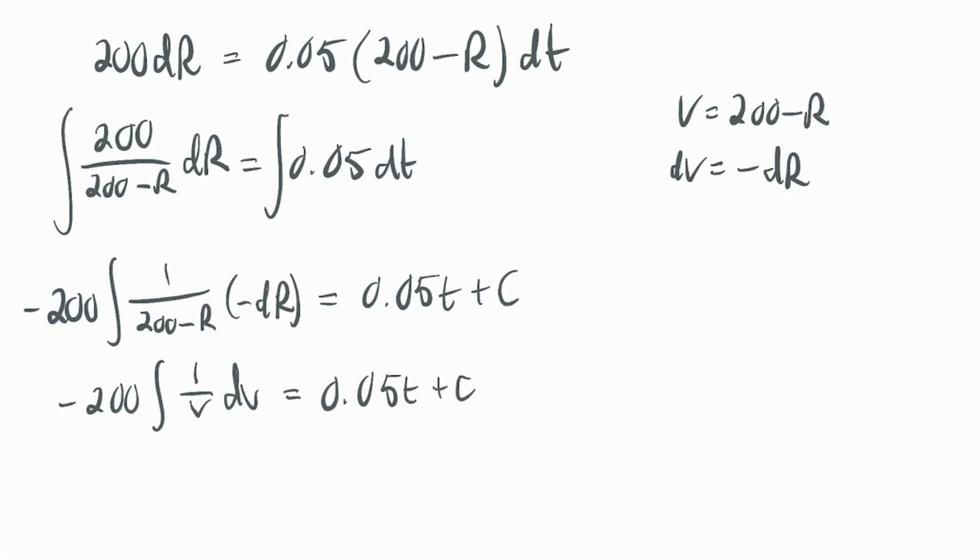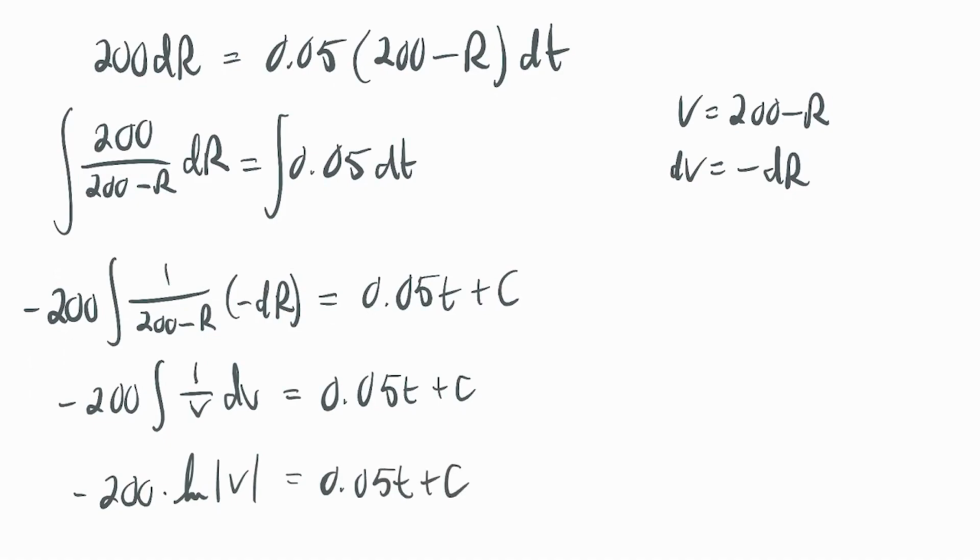So at this point, if I want, I can divide by the negative 200 now. I guess I could do it later. It's really optional. No, you know what? Let's leave it how it is. Okay, so negative 200 times ln of the absolute value of v equals 0.05 t plus c.